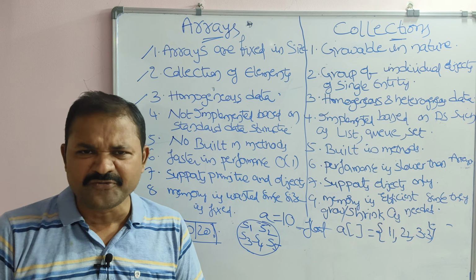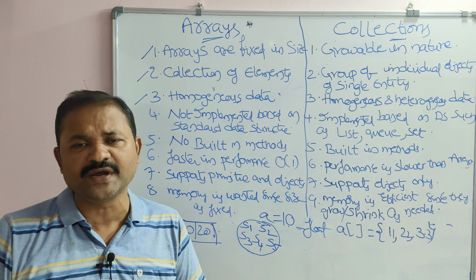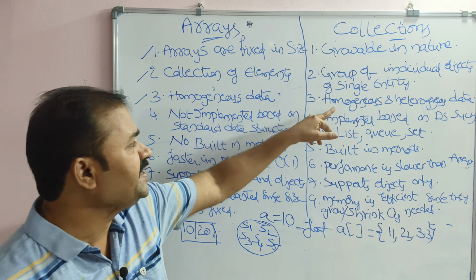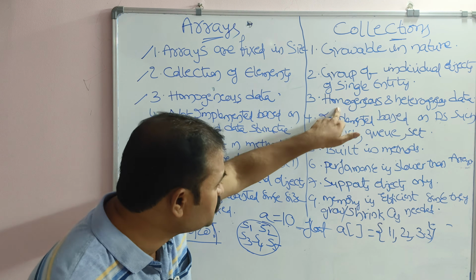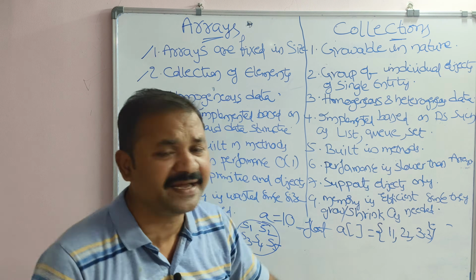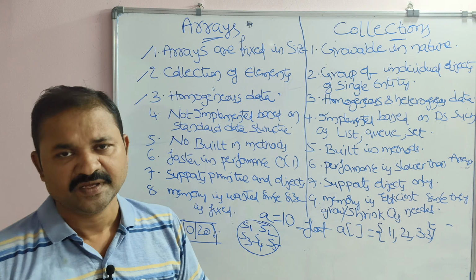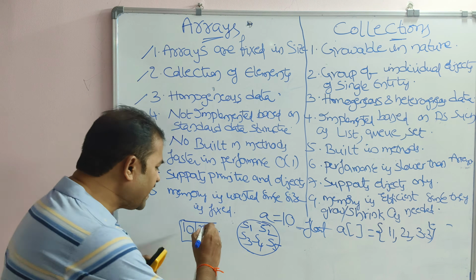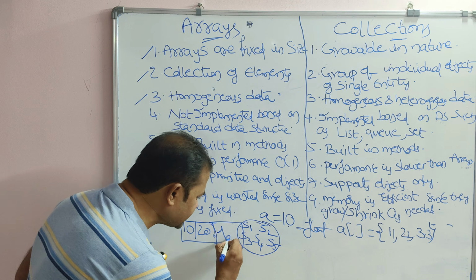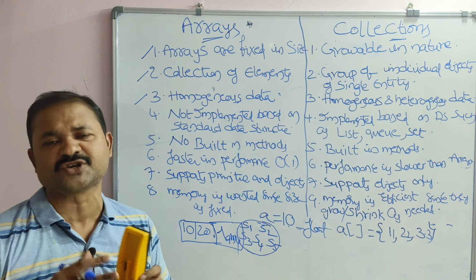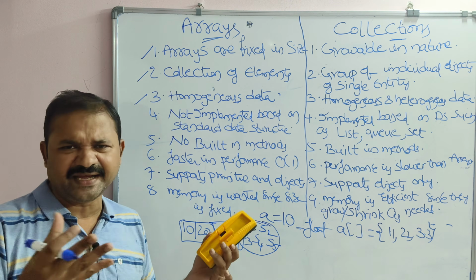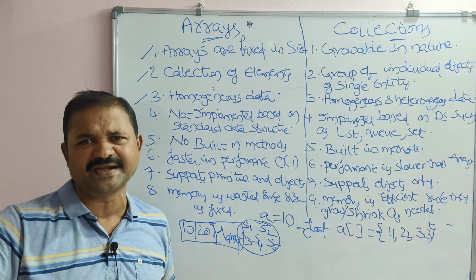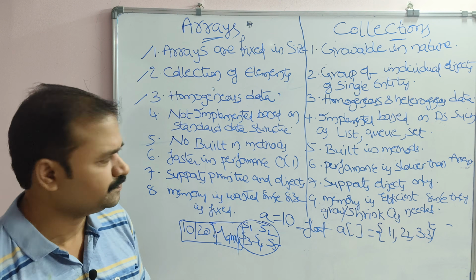So with the help of arrays, we can store only similar data type elements, whereas collection stores homogeneous and heterogeneous data. With the help of the collection, we can store similar data type elements as well as different data type elements also. Or we can store combinations of both. Similar, different, and combinations of both.